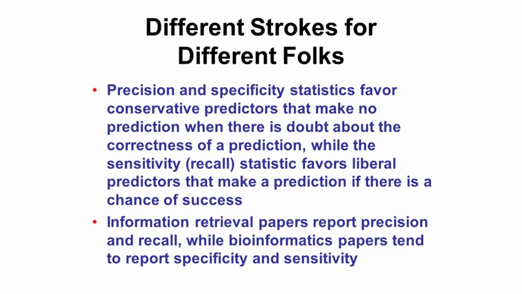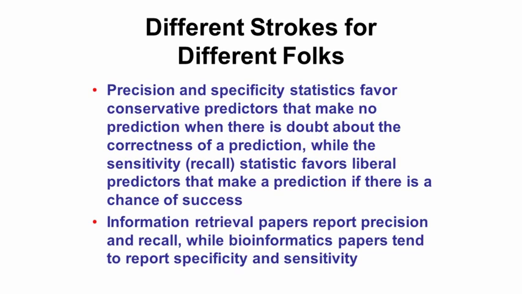Now, what you can do with a test, and depending on what you're specifically looking for, depends on essentially the cost of making errors. So if you choose to have really high precision and high specificity values, those basically favor a conservative predictor, where there's no doubt about the correctness of the prediction.